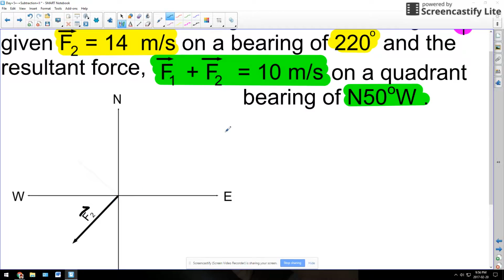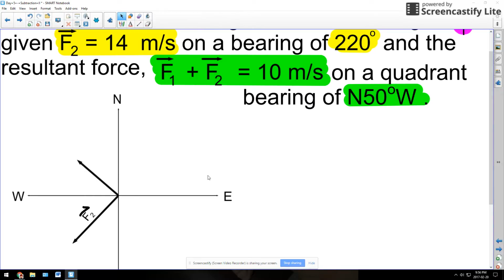Okay, we're also given that F1 plus F2, the resultant, is at north 50 west. So starting at north, going 50 degrees towards the west, and this one should be a little bit smaller in magnitude than F2. So the arrow should be a little bit shorter.